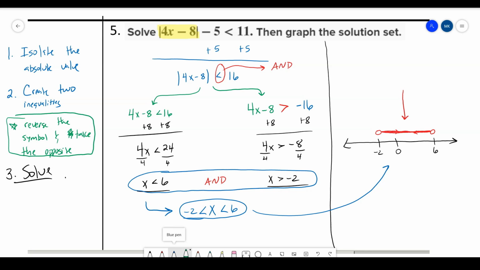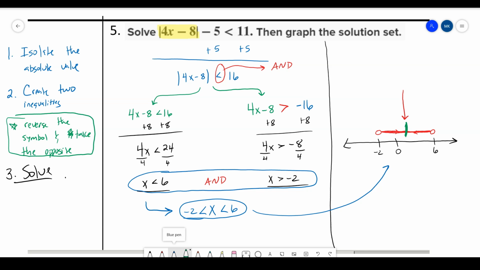Everything that I'm going to shade is going to be less than some number. And so that's always going to be a connected interval. It's always going to be an interval that has a left bound and a right bound, and everything within that proximity is going to be included in my solution.